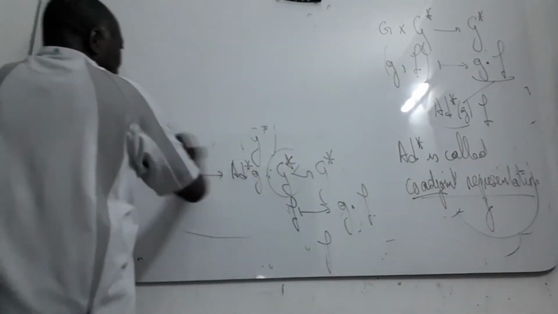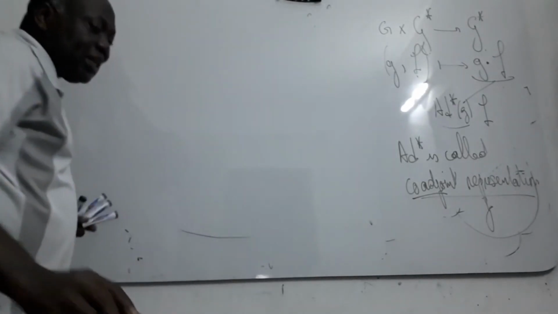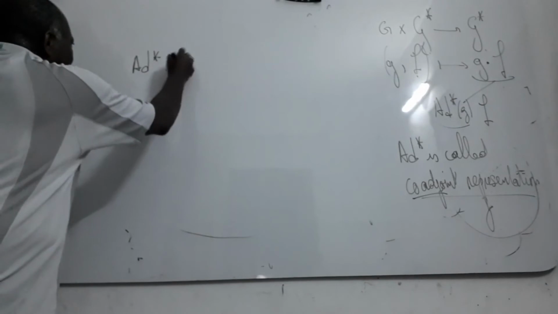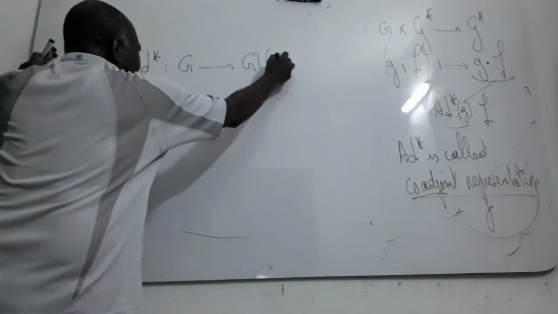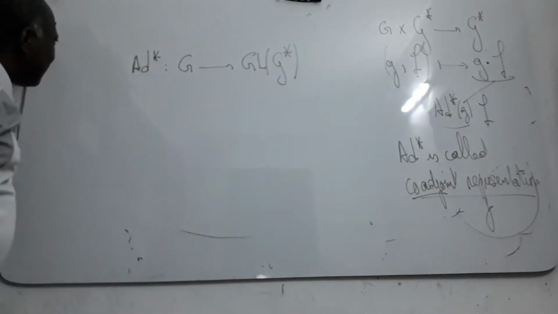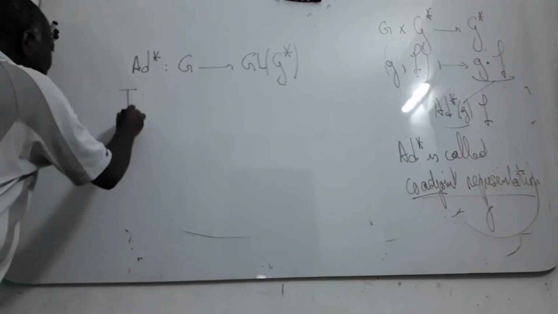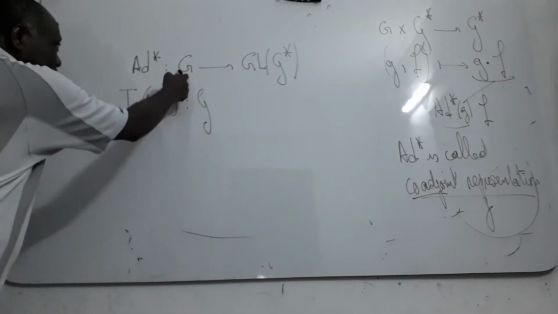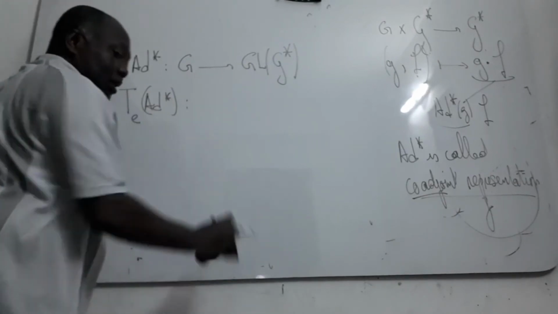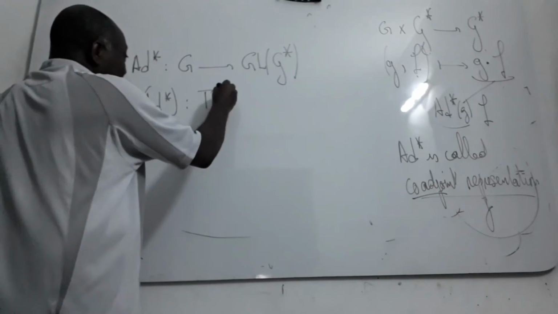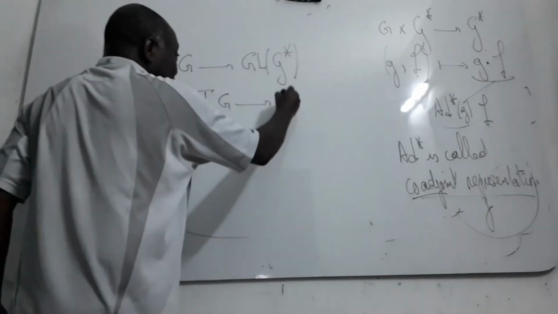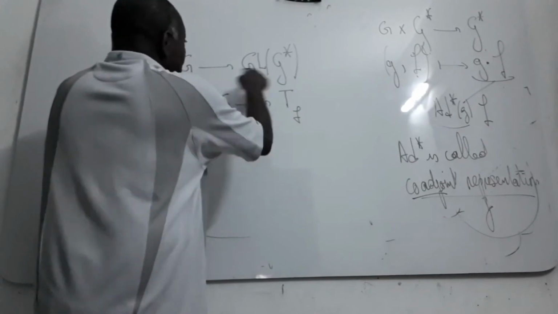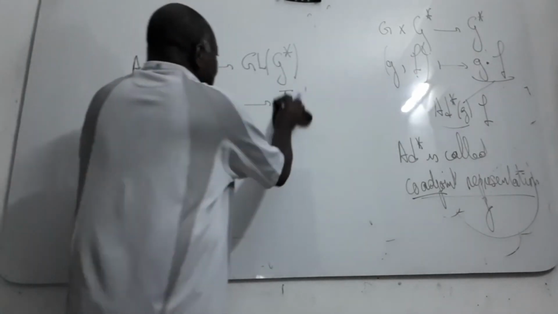From here, if you compute the derivative, when you have the map from G into the group of the vector space, then I compute the tangent space at E of G, which is the Lie algebra, into the tangent space at the image of E, which is the identity.